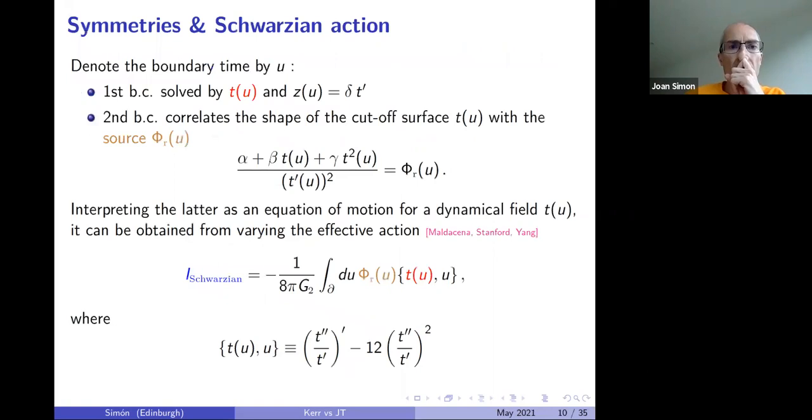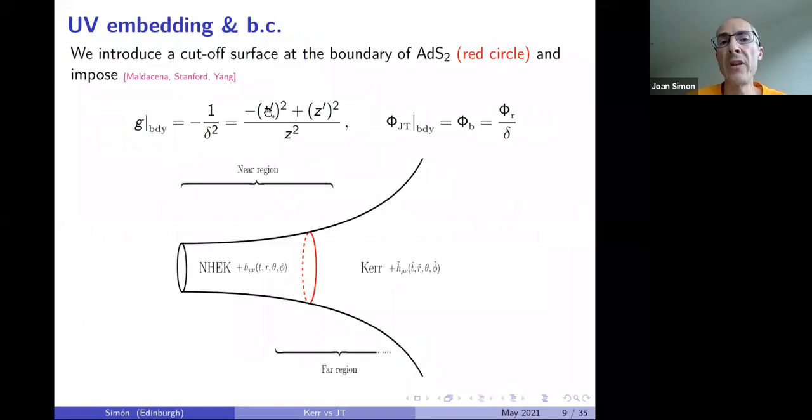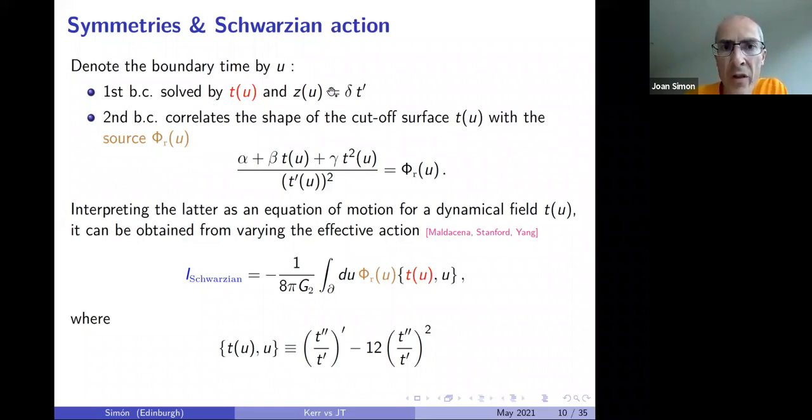Okay, so if I denote the boundary time, again, this is Jeff's question, by U, the first boundary condition that these authors solve depends on the derivative of T with respect to this clock and the derivative of Z with respect to this clock. You can always solve that boundary condition by this first statement here.